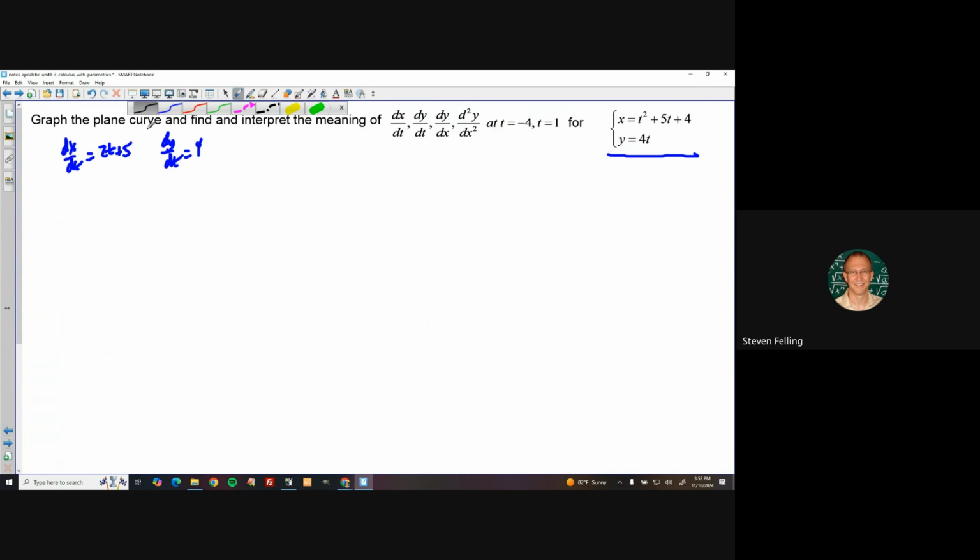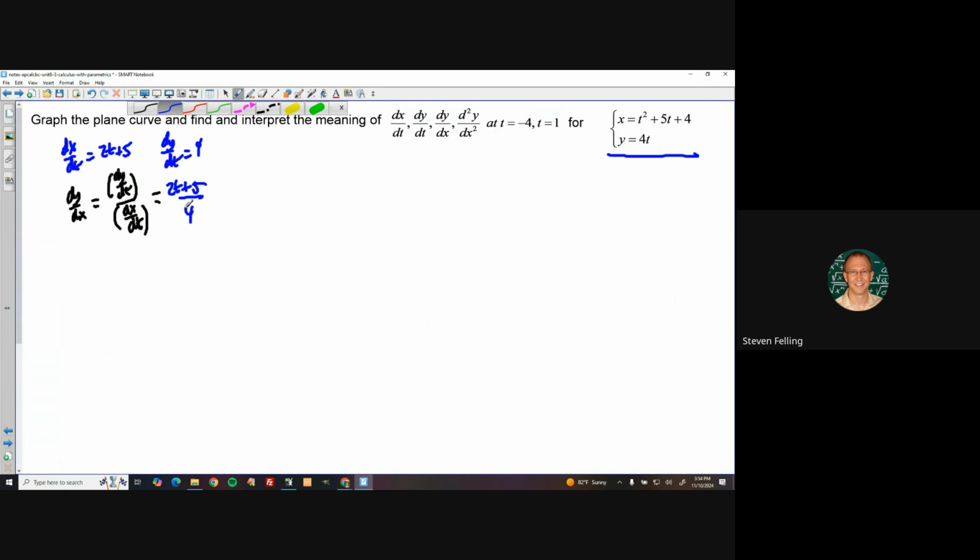Now if we want to find dy/dx, we have to take dy/dt and divide by dx/dt, because the dt's will cancel out and leave dy/dx. So dy/dx is 4 divided by 2t plus 5. This is an expression for giving me dy/dx.